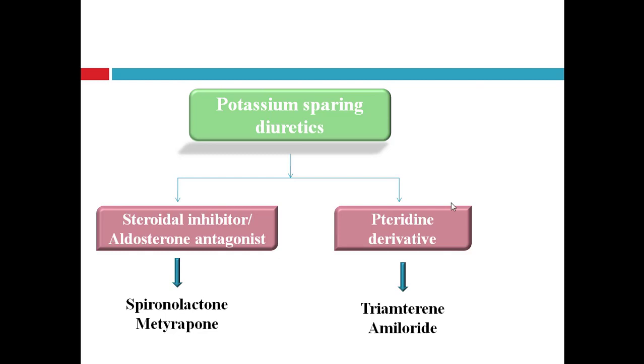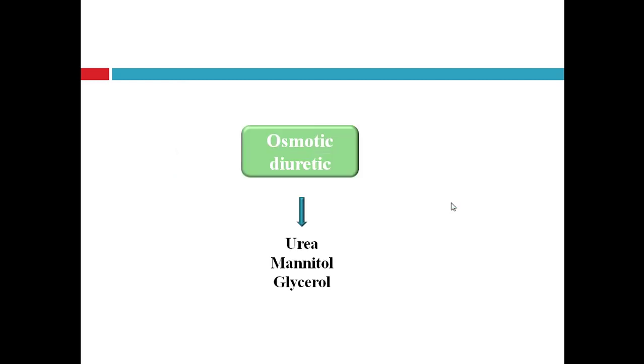It is a prototype drug of aldosterone antagonists which contains the steroid structure. Then second one is pteridine derivative. Examples are triamterene and amiloride. Fifth class is osmotic diuretics. Examples are urea, mannitol, glycerol, sucrose, etc.